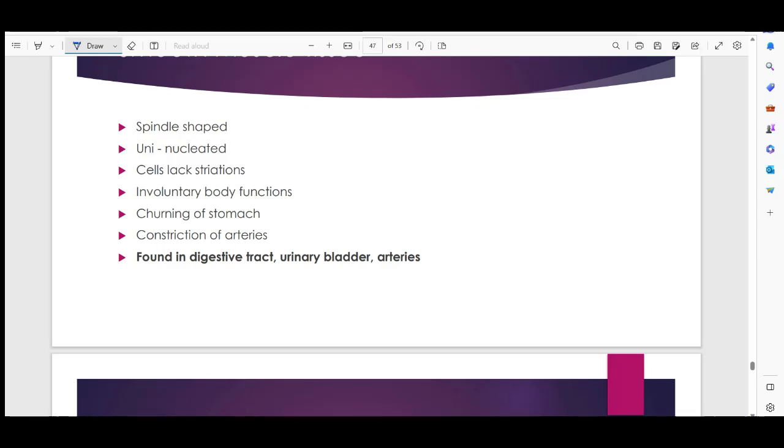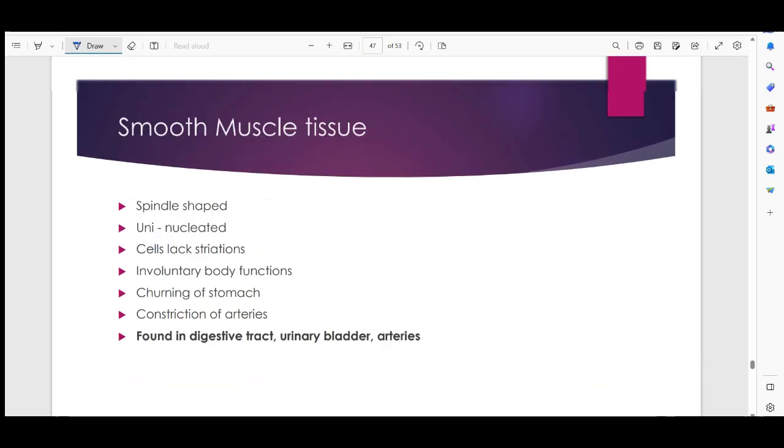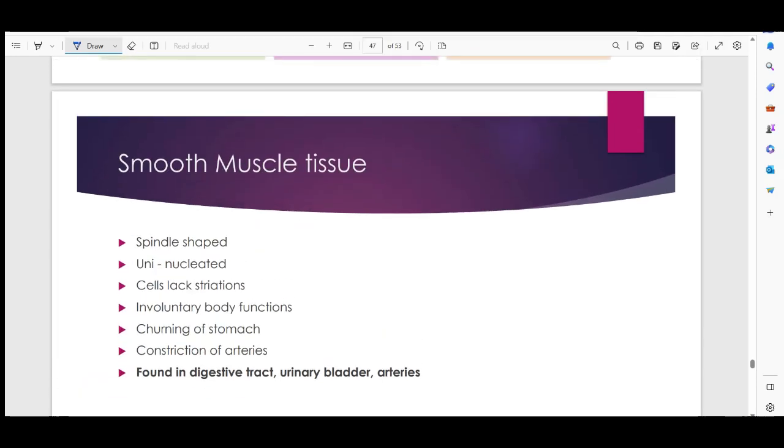In the muscle tissue section, cardiac muscle is very important because it repeats again in the circulatory system, plus cardiac muscle tissue has some very unique features. The first thing we have to discuss is the smooth muscle cell. I'll talk about that and we'll go to cardiac muscle next.